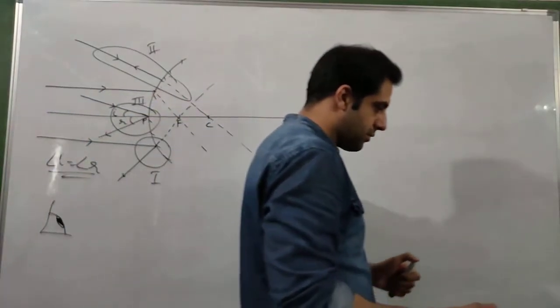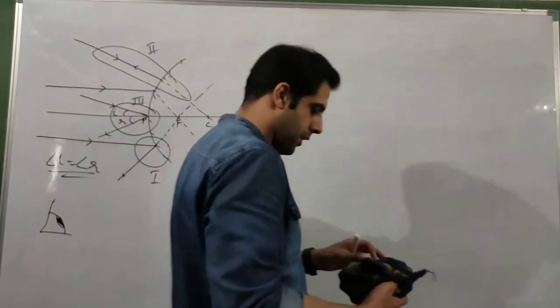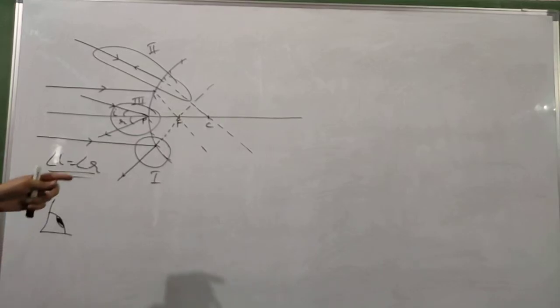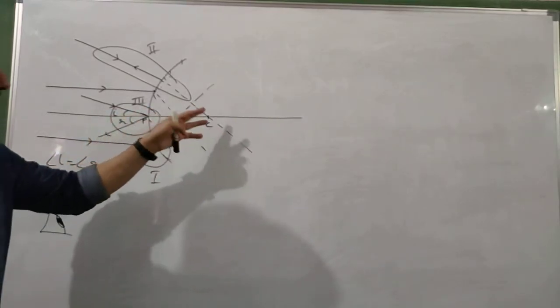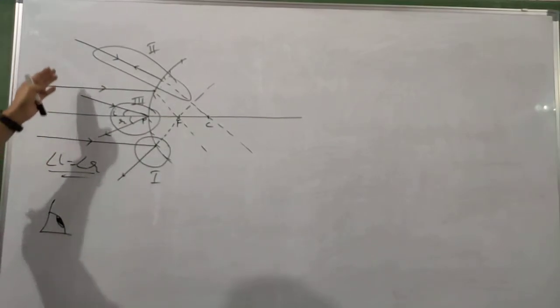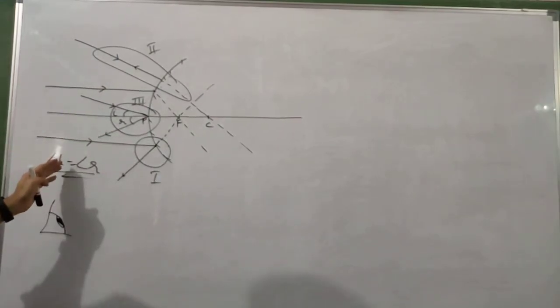Now in your syllabus we just have two ray diagrams, and by now if you have understood this, then some of you might be able to see that no real image will be formed here, because everything that is happening here is behind the mirror. No ray is getting focused on this side where the screen is or where the observer is.